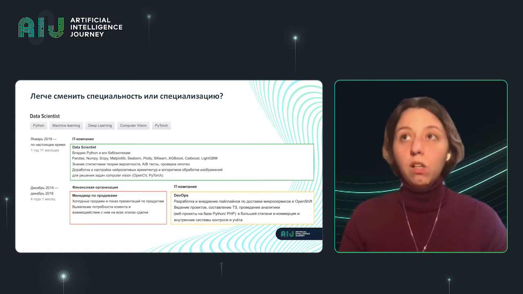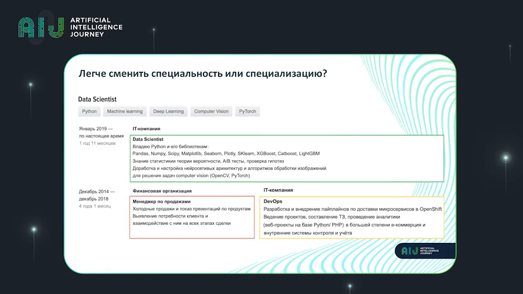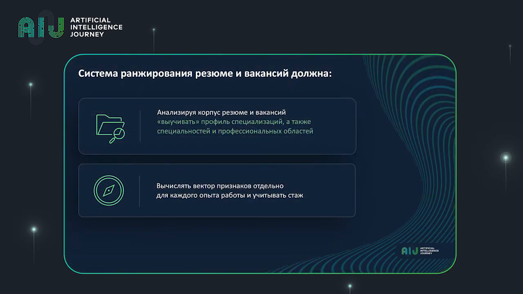If both people come from a different specialization, it's not always the same situation. We understand that a person coming from DevOps to data science, basically switching their specialization, is very likely to develop new skills required for the new field, for the new specialization.